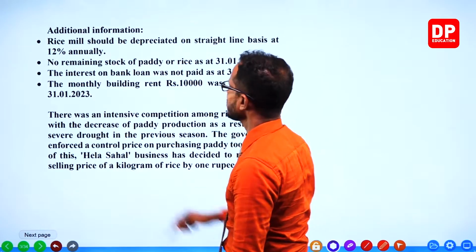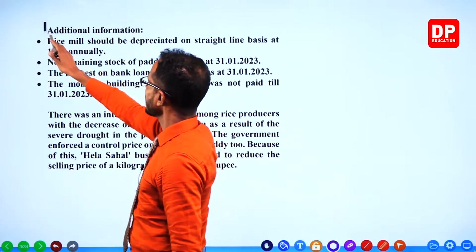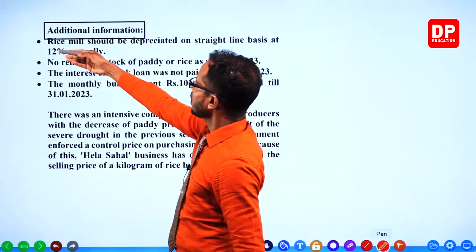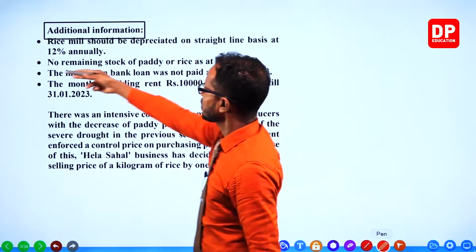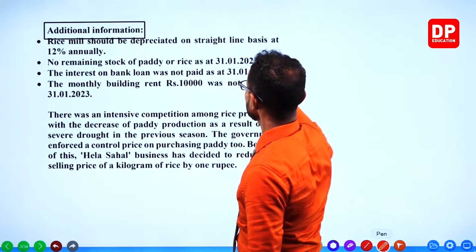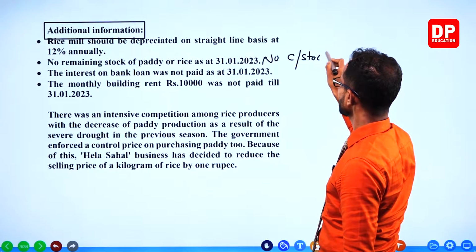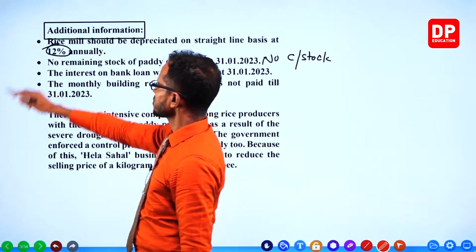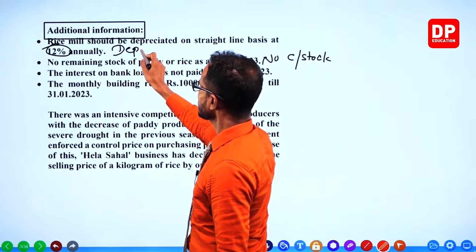Additional information also given. Rice mills should be depreciated, straight line. Okay. No remaining stock of paddy, no closing stock. This is depreciation.